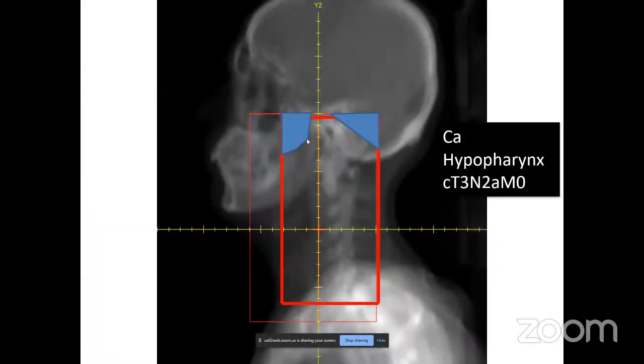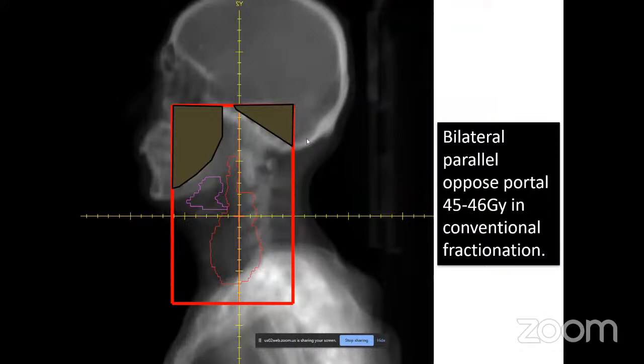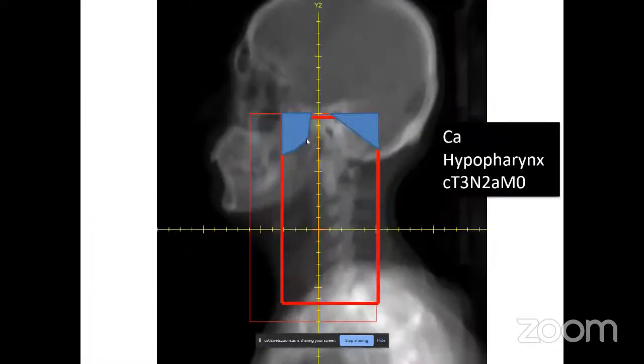And this is a different case, a hypopharyngeal case. In a hypopharyngeal case, there is no need for anterior extension of the anterior field, so you can push the anterior field posteriorly to include your hypopharyngeal tumor, but the cranial and lower extension will be the same.